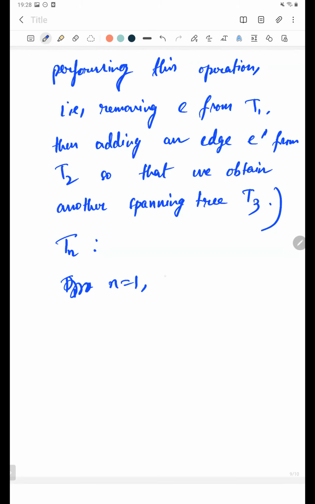So in that case, we have T1, and let's say we have E in T1 and E is not in Tn. We also know that if we add this edge, we have a tree here.